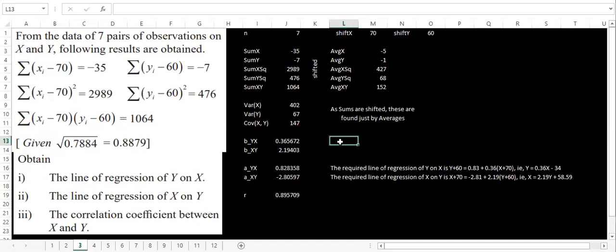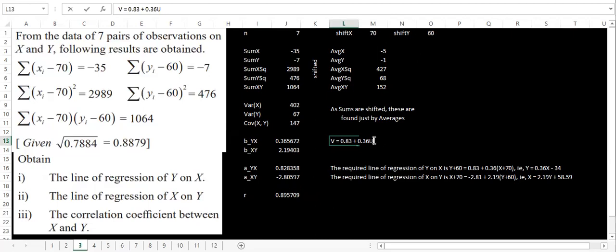first I'll talk about the linear regression equation of v on u. So it will be v equals this a value, let's say 0.83, plus this b value, let's say 0.36, times u. And since we shifted, remember where we got these u and v from, these were nothing but my original x values shifted by 70 and original y values shifted by 60.